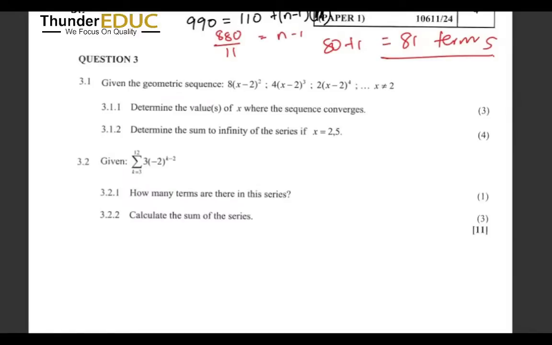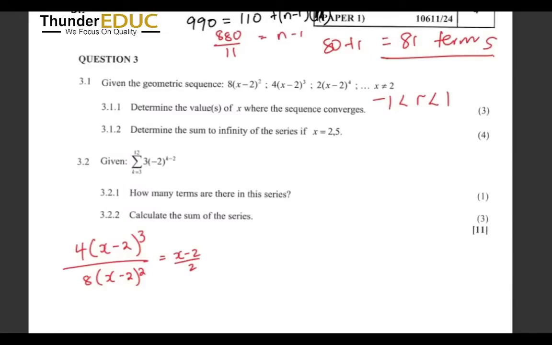So one thing we need to know is that for a sequence to converge, the condition minus 1 less than r less than 1 must be met. So what we need to identify first of all is the common ratio. If I have 4 into x minus 2 cubed over 8 into x minus 2 squared, my common ratio is just going to be x minus 2 over 2.